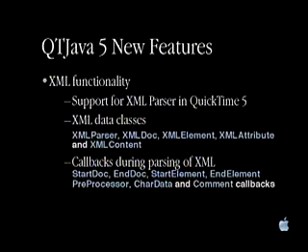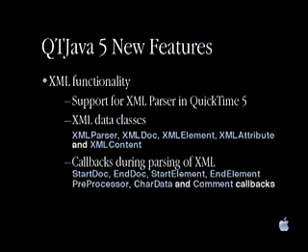And new QuickTime 5 features in QuickTime for Java 5 are support for the XML parser in QuickTime 5. We've implemented this with data classes, which represent the parser, the parsed document, and elements and attributes and XML content from the parsed XML stream.